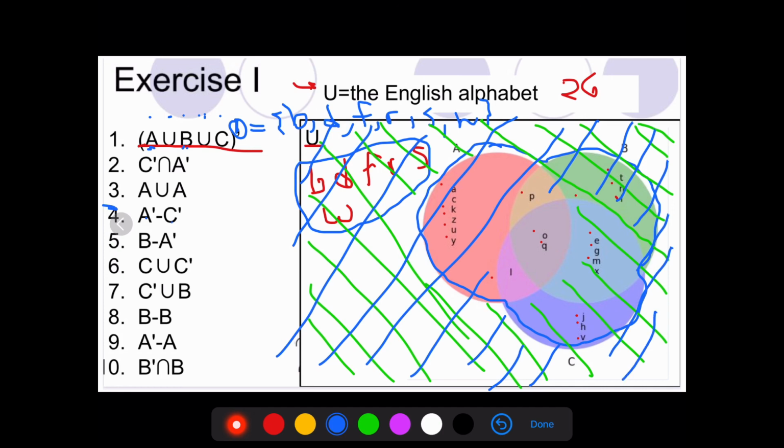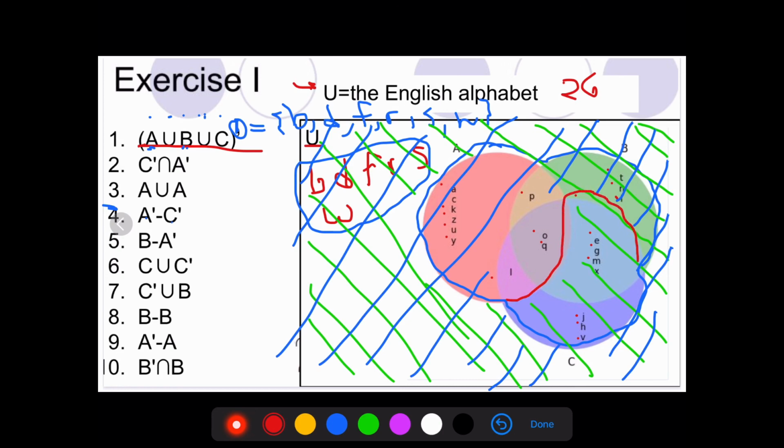So remember that this complement of A minus complement of C means everything that is in the complement of A that is not in the complement of C. So complement of A is green. So we want all the green that is not blue. And I can see that over here.